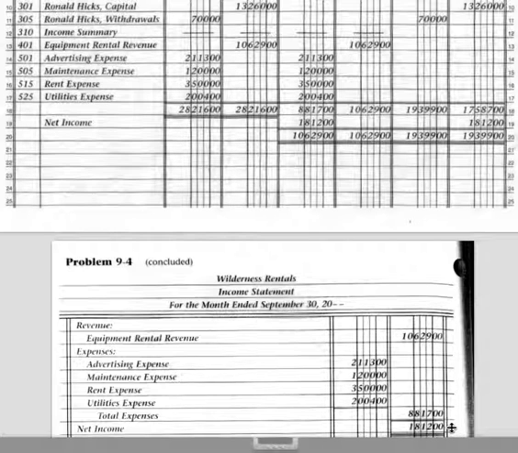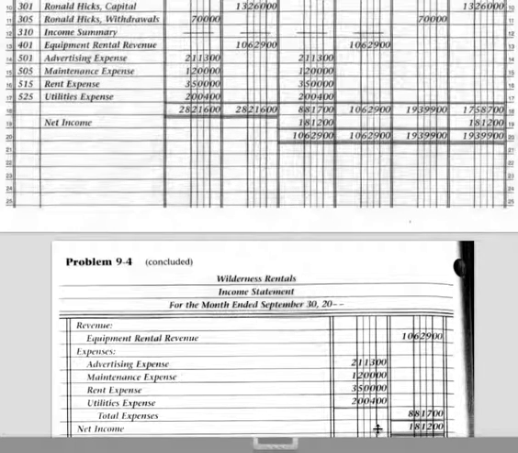Now, you'll know this is correct because this net income of $1,812 reported on the income statement is also the net income, $1,812, recorded in the worksheet. If those two numbers don't equal, then you know you have done something incorrect.